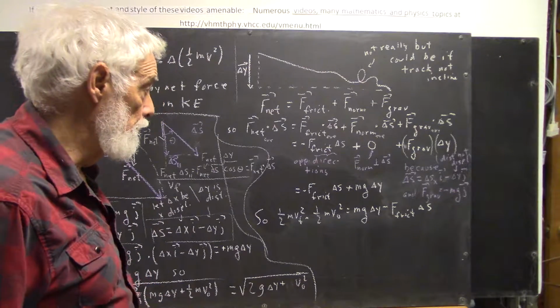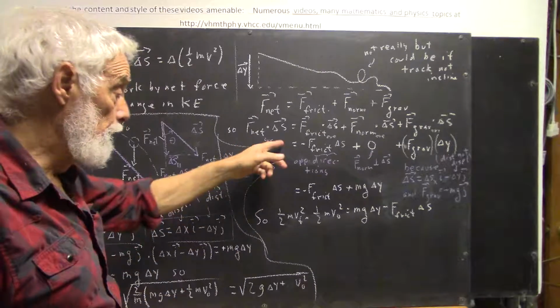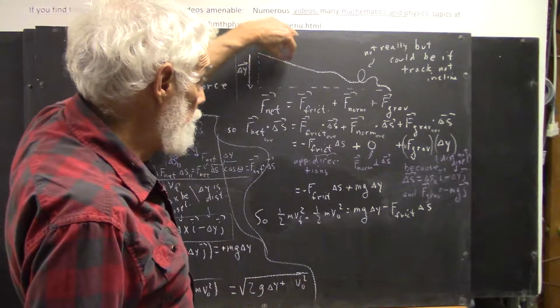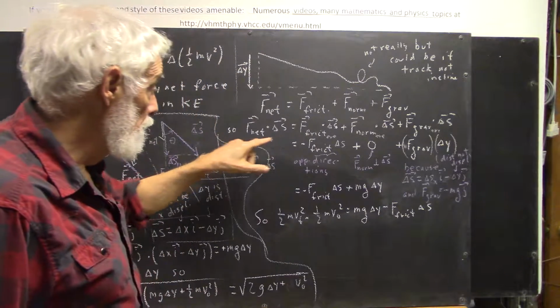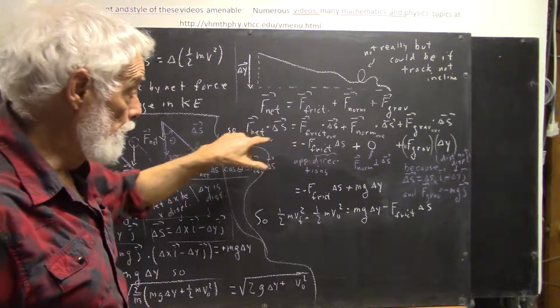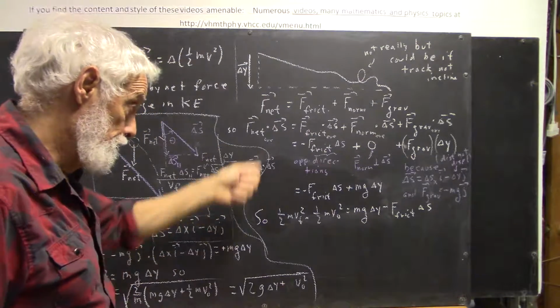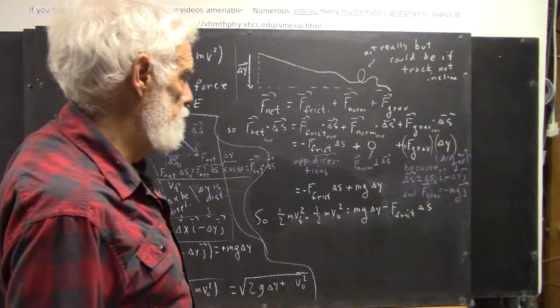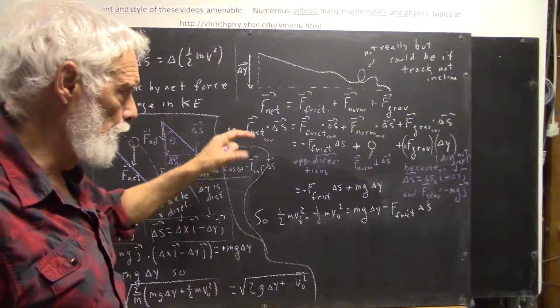What I'm thinking is we need to be talking about the work done by the net force on small intervals where the delta S and the F net, where neither changes by very much. But let me rethink that. It almost seems that this problem has to be expressed in terms of integrals, but that wasn't the intent.